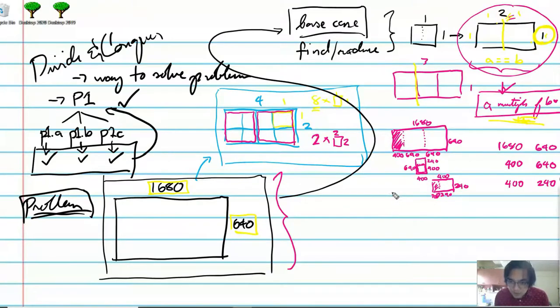Let me draw it a little bit larger than the scale so that I can label it correctly. This is my 160, this is my 240. So in my third iteration, I have a 160 by 240 measurement.